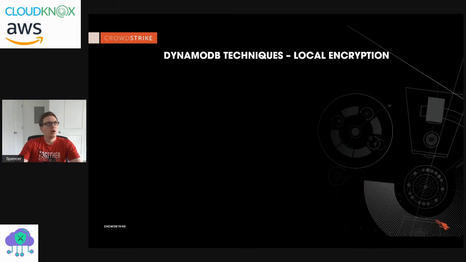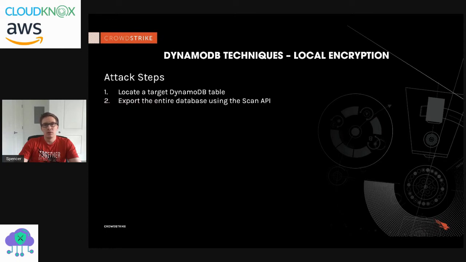So for local encryption, we locate the target table. We're going to export the entire table using the scan API, which is essentially just scanning the table for data and downloading it. But we need to be careful of hitting the read capacity of the table, because we may cause a denial of service in the environment if we use up the read capacity, and that could trigger some alerts that then get us kicked out of the environment before we've downloaded much data.